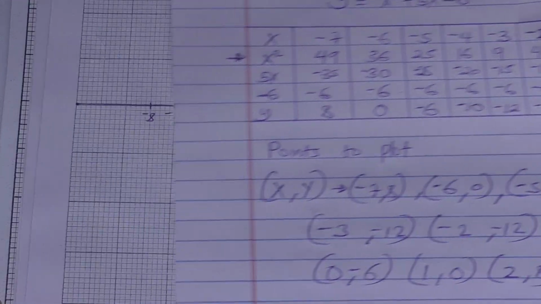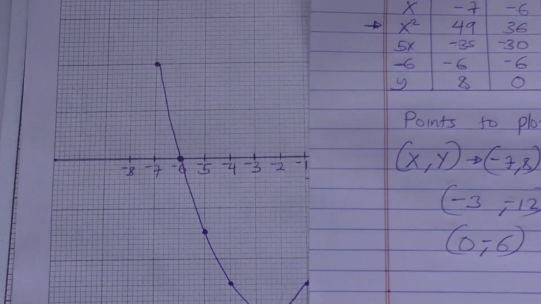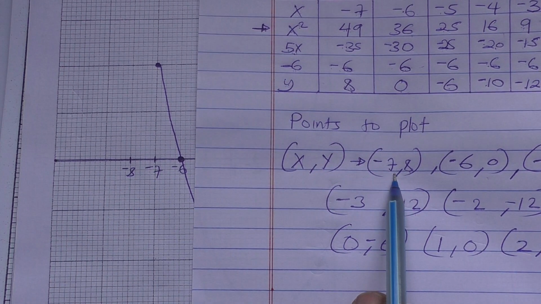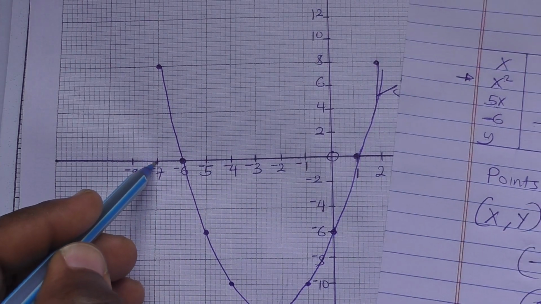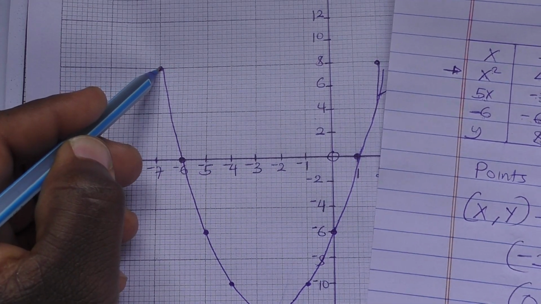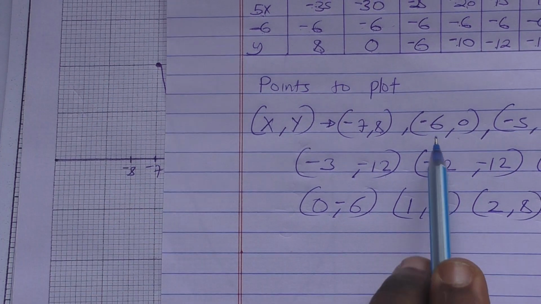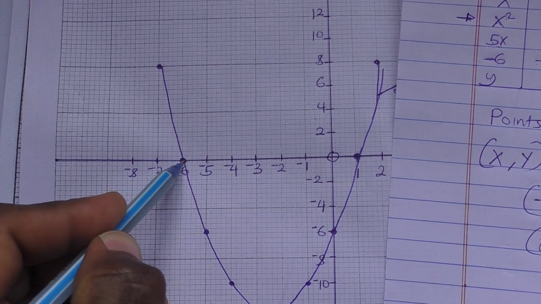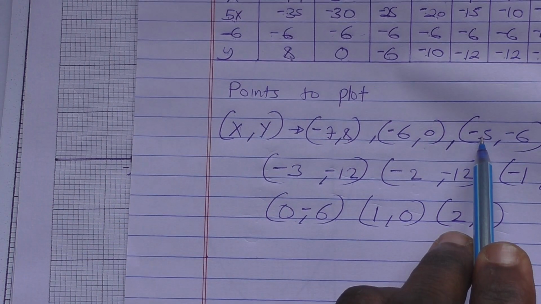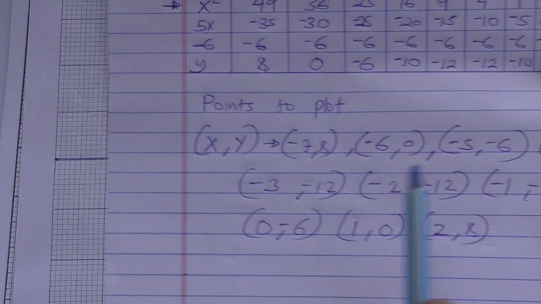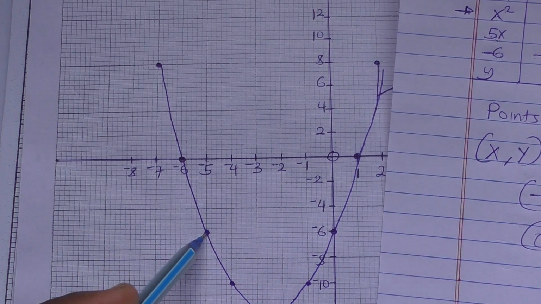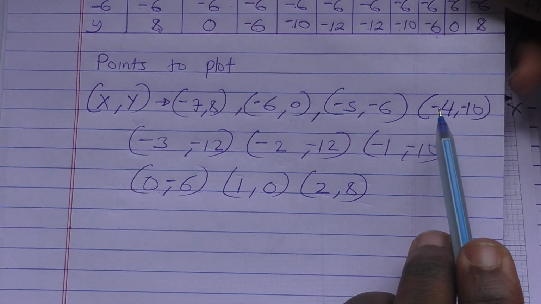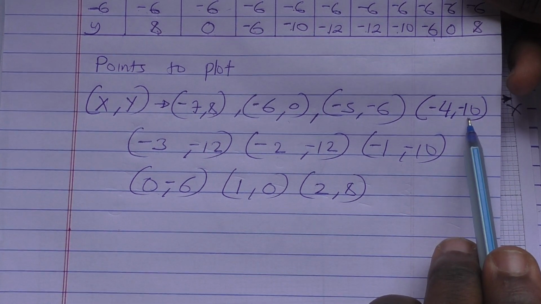So let us do that. When we plot, we are plotting negative 7, 8. That's our first point. The next one is negative 6, 0. We have negative 5, negative 6. Our next point is negative 4, negative 10.